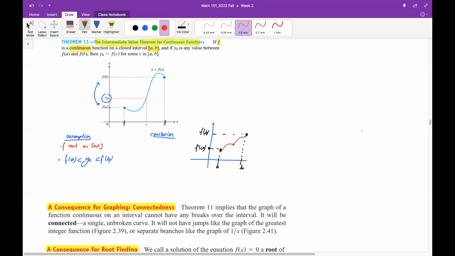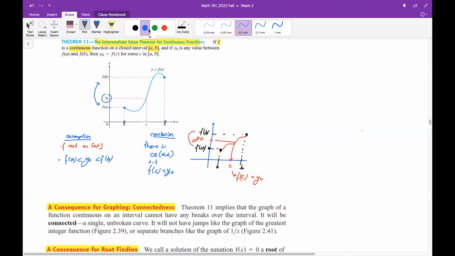So you see, if you choose any number y0 between f of a and f of b, then there has to be a number here, let's call it c, such that c is mapped by this function f to y0. Okay, this is our conclusion. So the conclusion says that there is a number c in your interval such that the image of c is y0 under the function f.